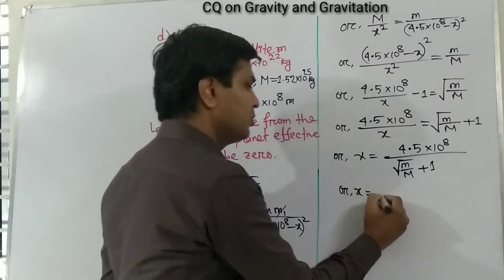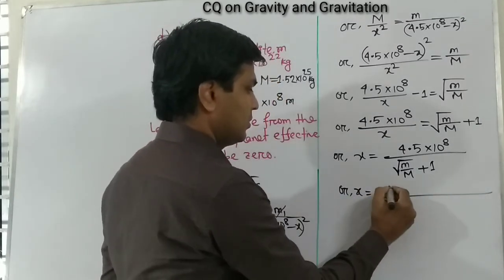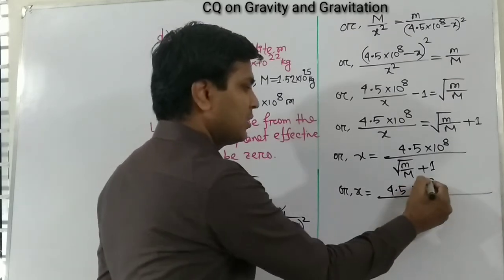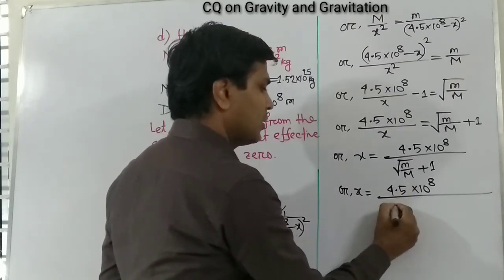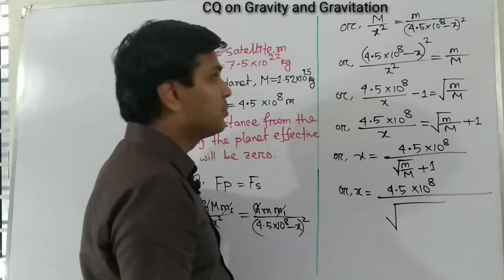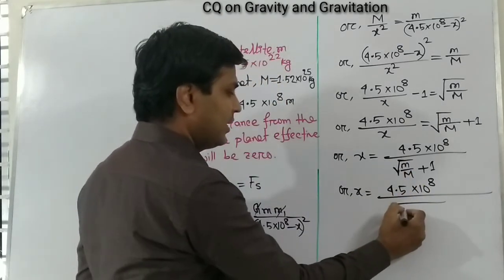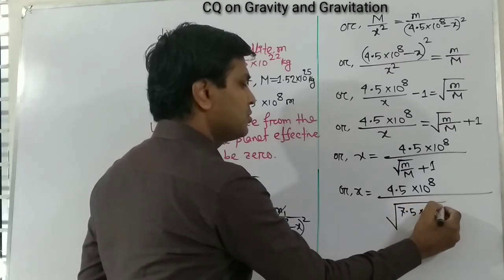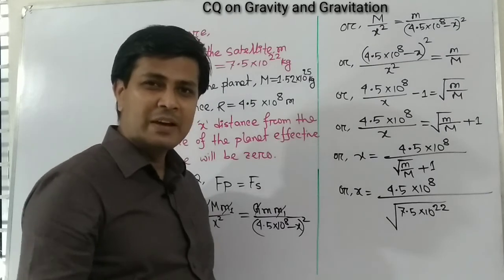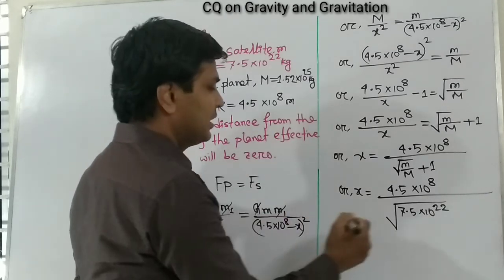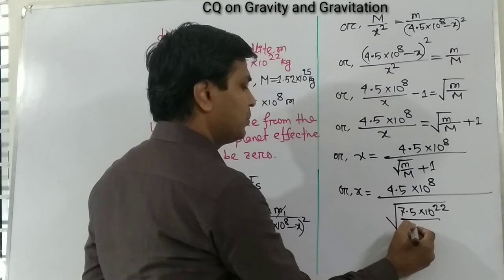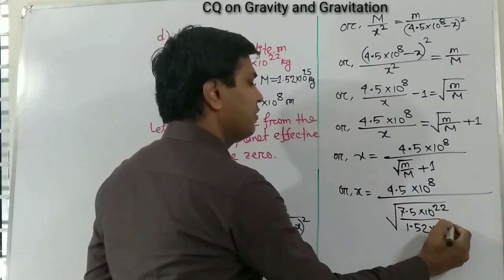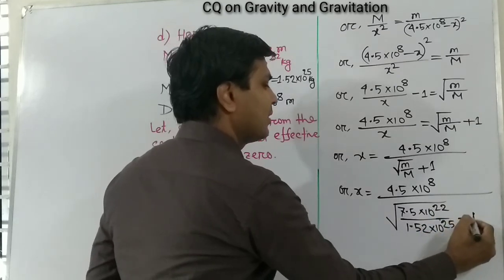Now if we put the values of small m and capital M, we can write x equals to 4.5 into 10 to the power 8 divided by root over 7.5 into 10 to the power 22 by 1.52 into 10 to the power 25, plus 1.